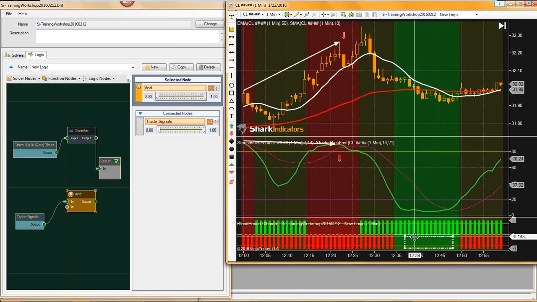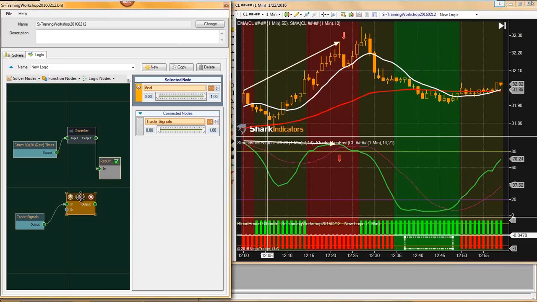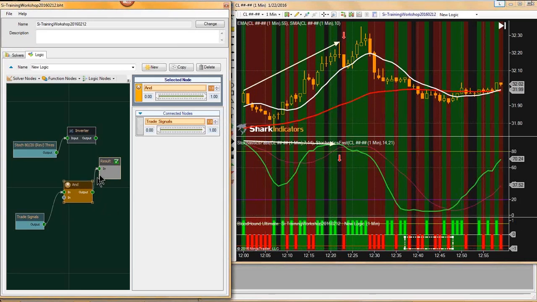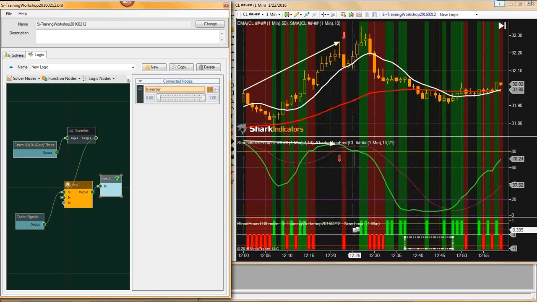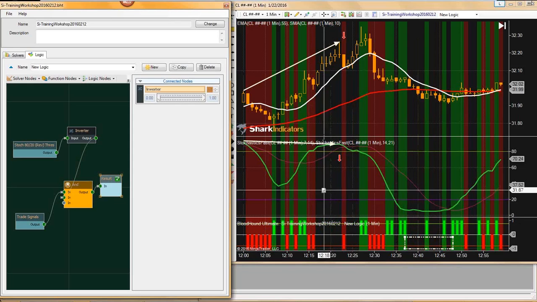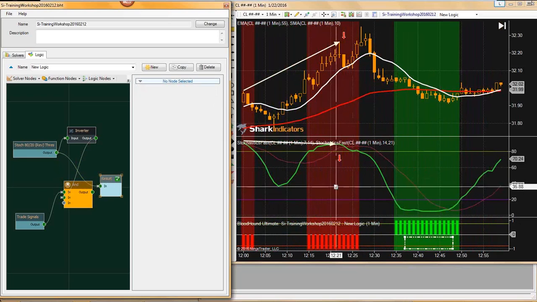The absence of a short output here means that short trade signals will not be able to pass through the AND node. So let's take a look at the AND node here, and then let's connect up our divergence filter. And there we go. Let me mark this a little better here.